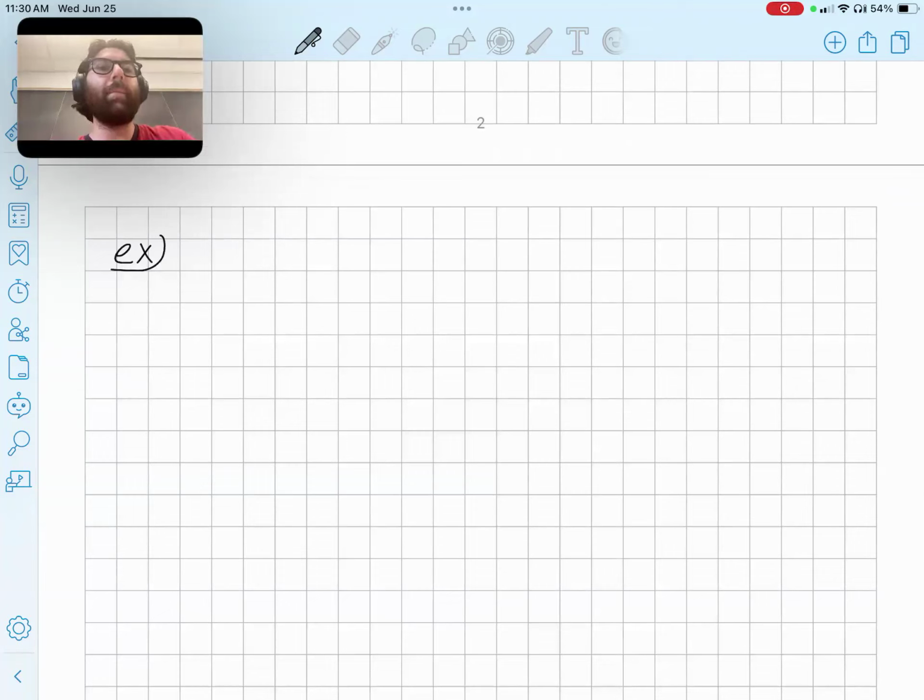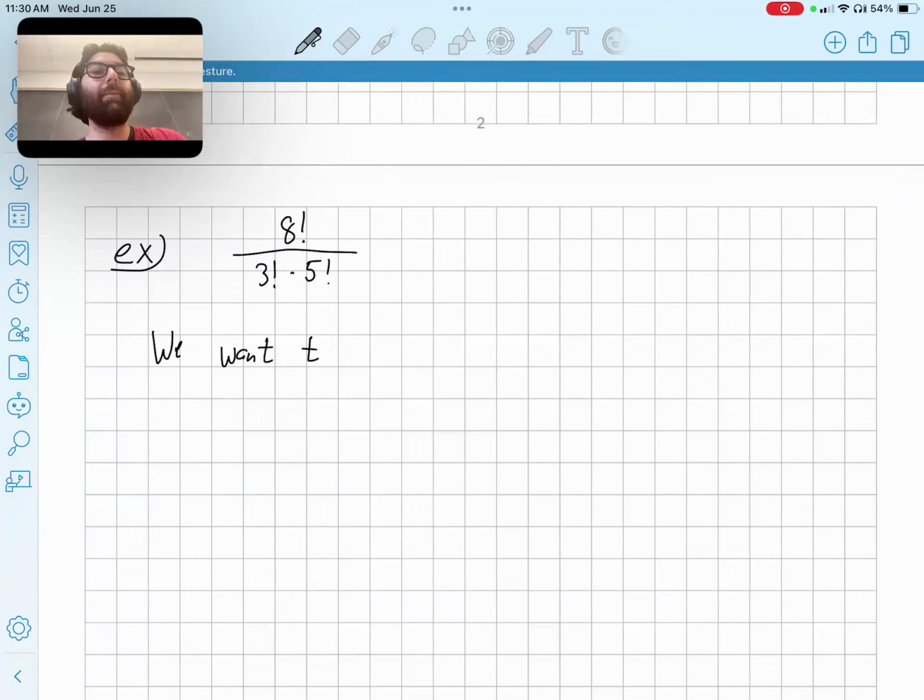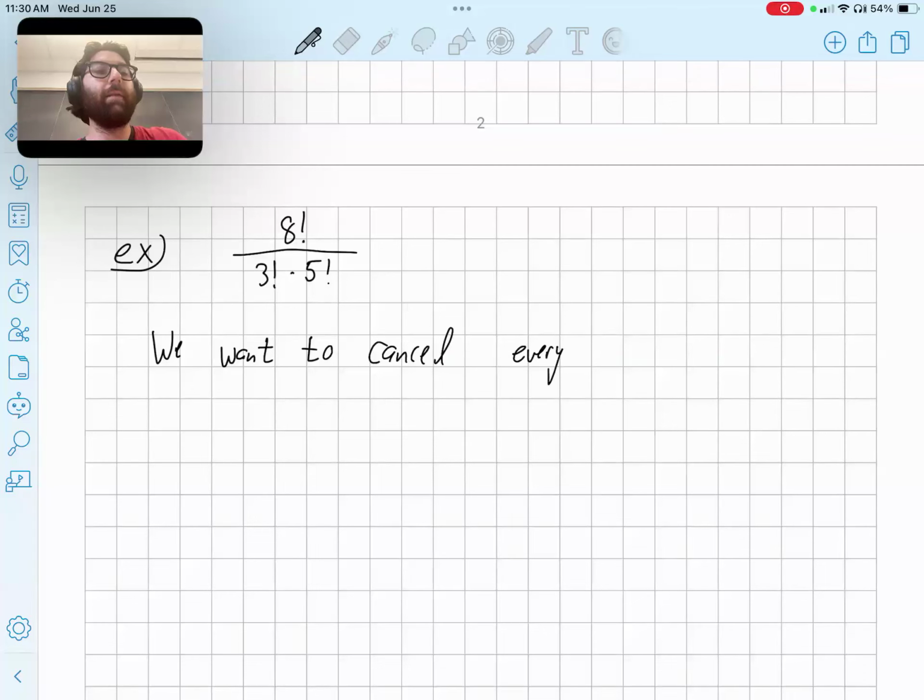So this next example, let's do 8 factorial divided by 3 factorial times 5 factorial. Again, we want to cancel everything in the denominator.